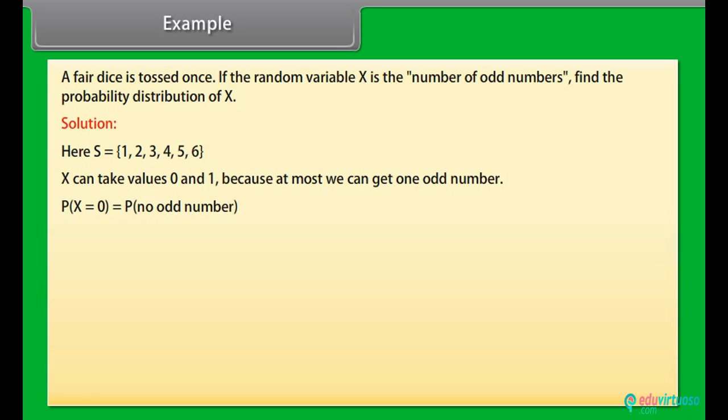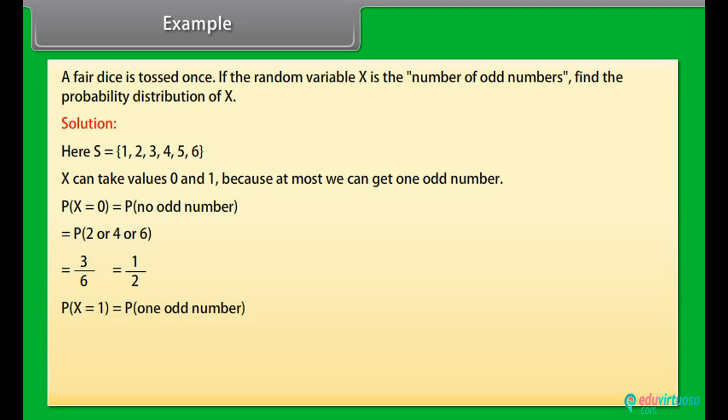Probability for X equal to 0 equals probability for no odd number is equal to probability for 2 or 4 or 6 is equal to 3 by 6 is equal to 1 by 2.